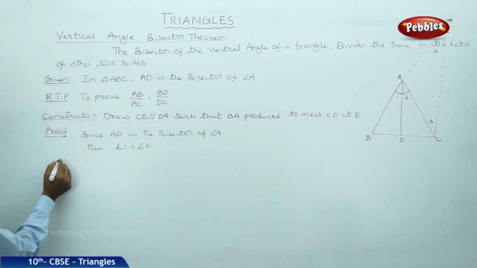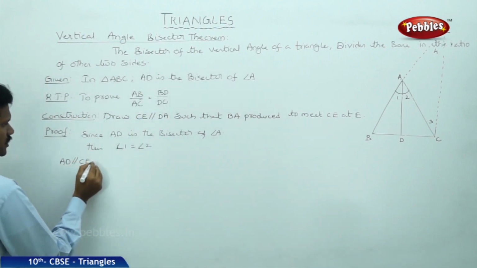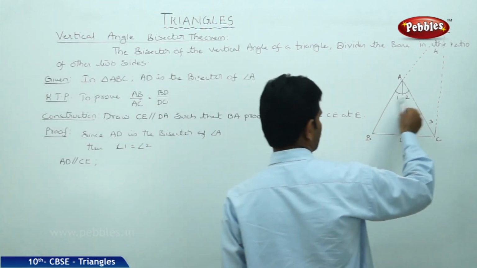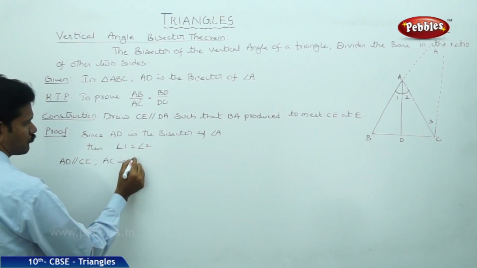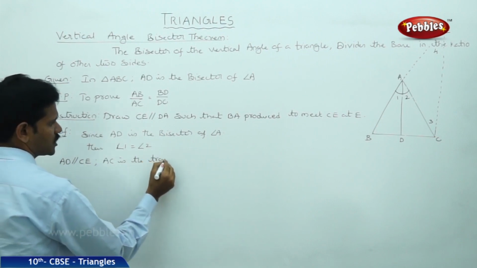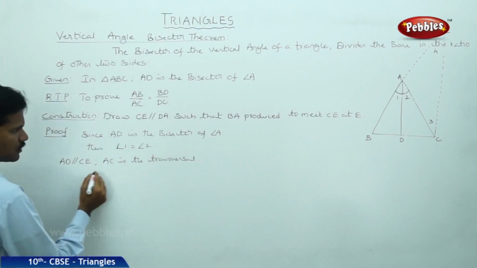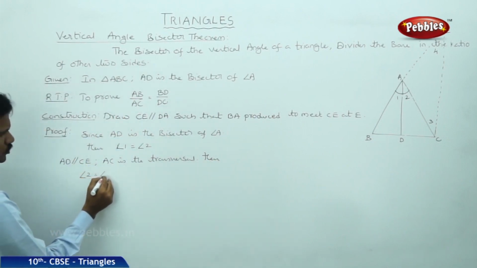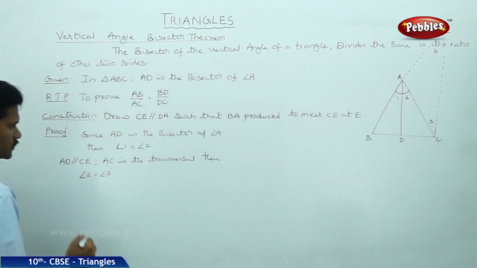Next, AD is parallel to CE, these two are parallel, and AC is the transversal. Then angle 2 is equal to angle 3.